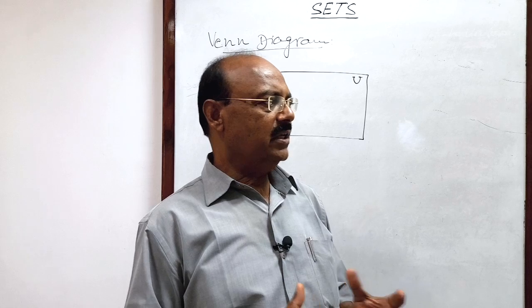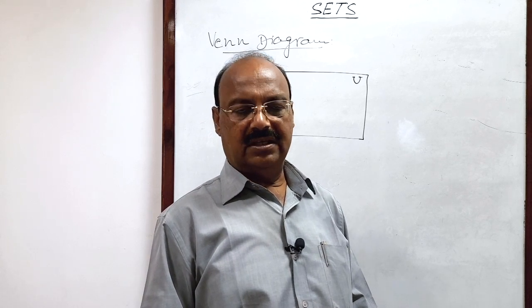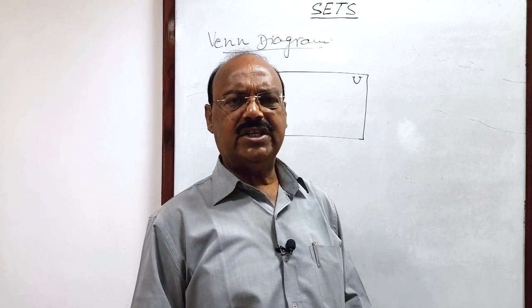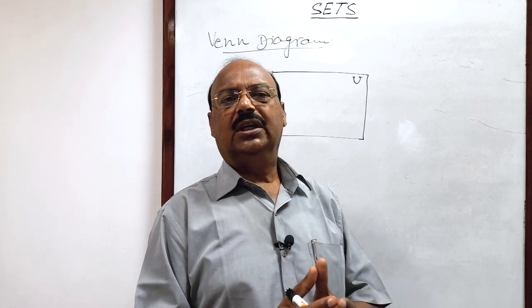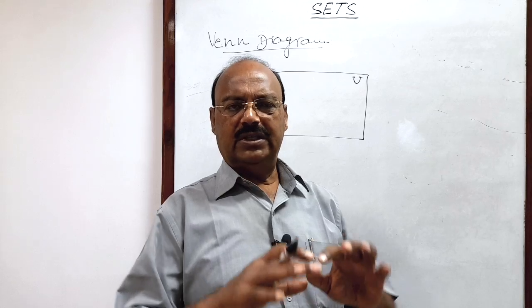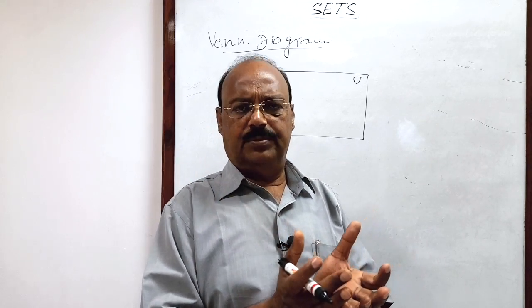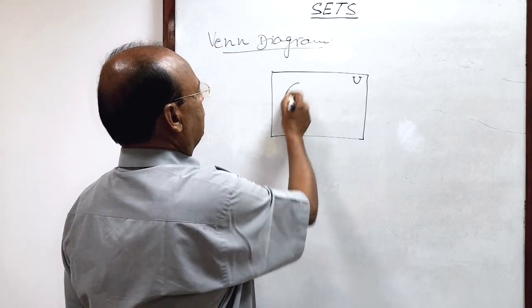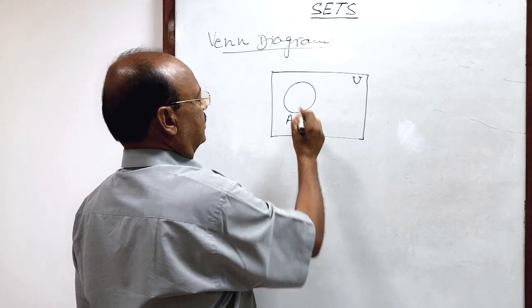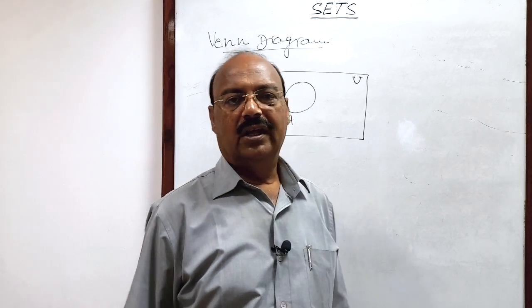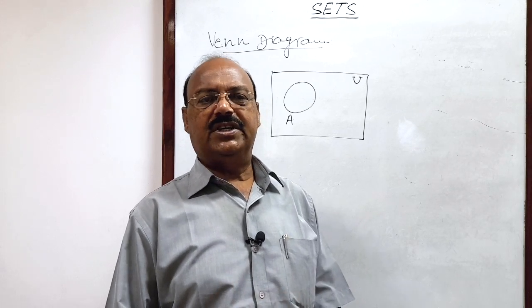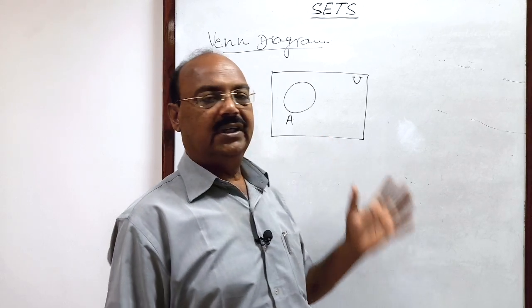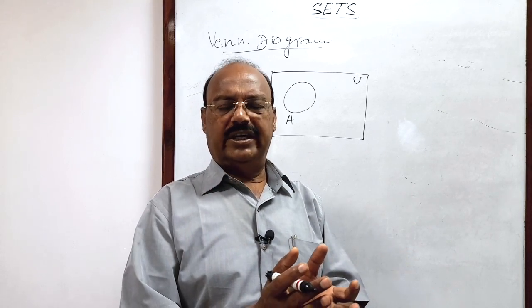So all the subsets of this universal set are represented with the help of a closed geometric diagram, maybe a circle or maybe some oval shape like an ellipse, like this. Okay, suppose this is set A, and another set B can also be represented with the help of a closed circular diagram.